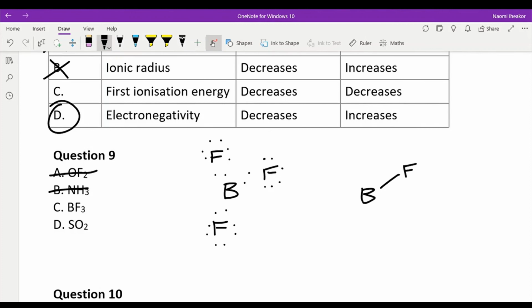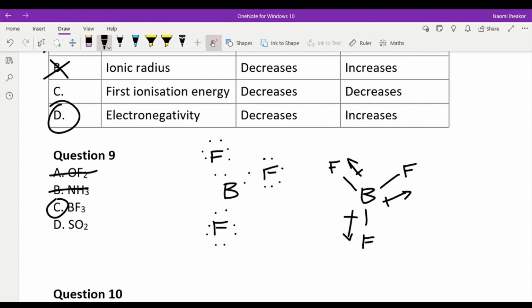So just like this. Fluorine is the most electronegative, so it's going to pull this way, this way, this way. So those dipoles are going to cancel each other out. So that's why C will be nonpolar, because even though we've got dipoles, they essentially cancel each other out.